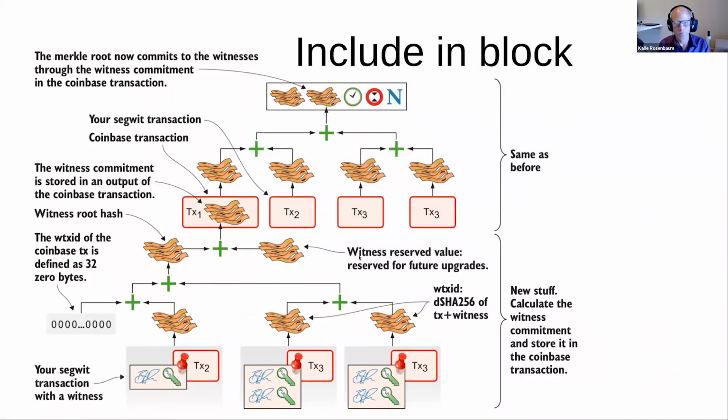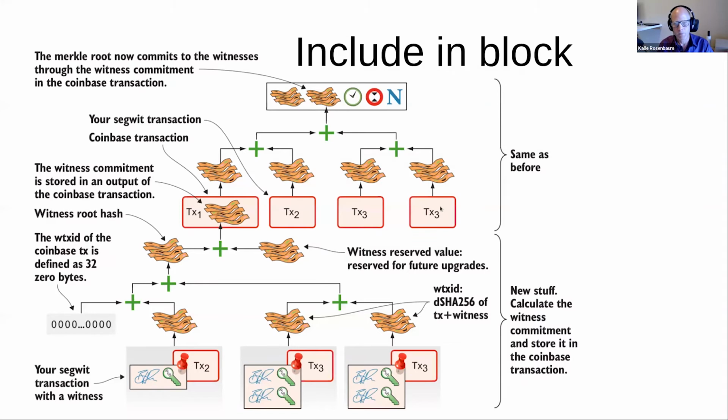Okay, so now this miner wants to include this transaction in a block, and in this case, it's transaction 2. And if you have a look at this block here, the upper part of this figure is the same as before SegWit. There is no difference between this data structure now and what it was before.